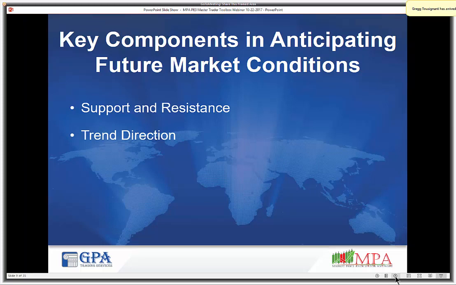If you're in a pullback of a strong upward trend, then the old saying is buy the dip in that uptrend. Don't necessarily sell the dip, but buy the dip once it's over and resumes the trend direction. And a critical component in understanding what the direction of the trend is going to be is utilizing multiple time frames.